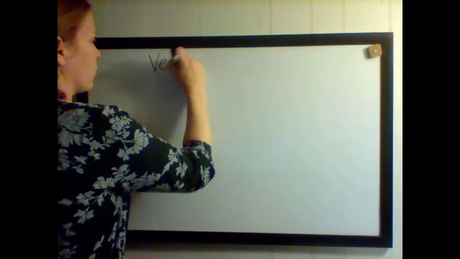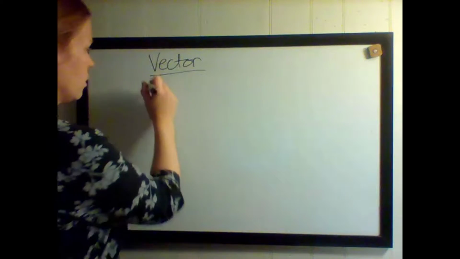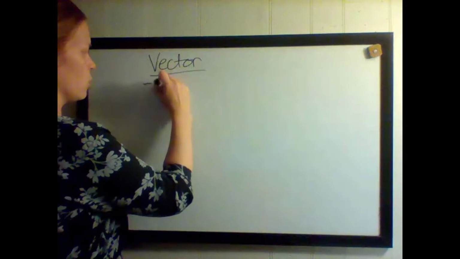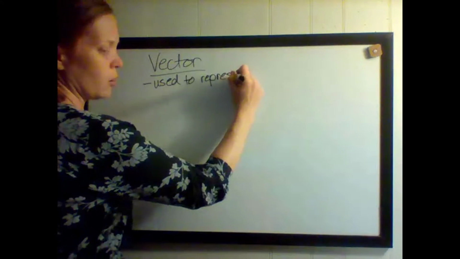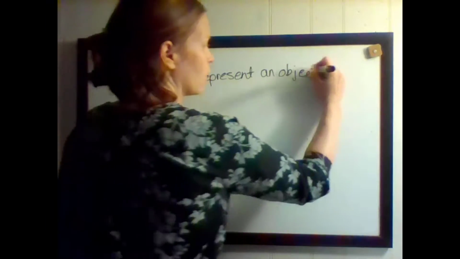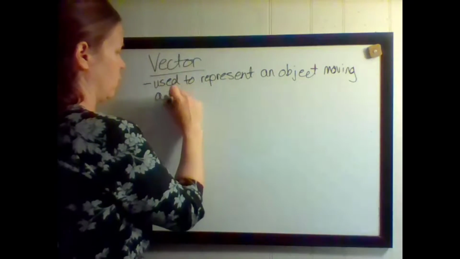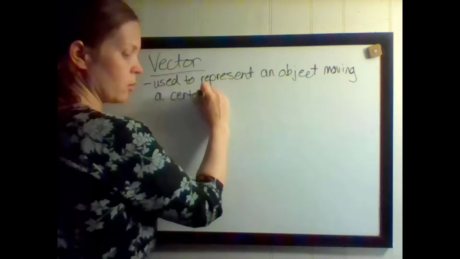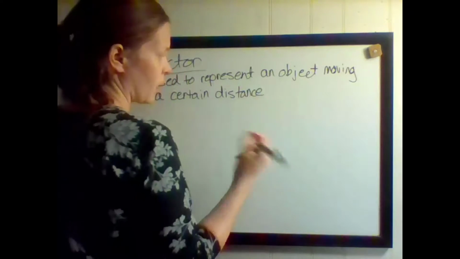So let's talk about what a vector is. Introduction to vectors. Vectors are used to represent an object moving a certain distance at a certain angle.